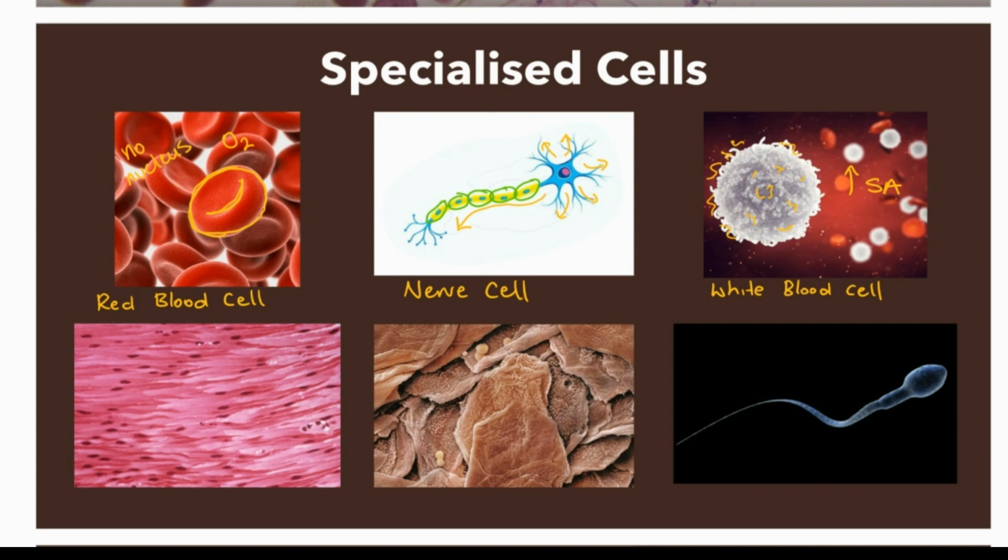Now, our next one down here is a muscle cell. Well, it's not just one muscle cell, it's actually multiple muscle cells. They have this really elongated structure, and muscle cells actually do look different depending on what type of muscle it is, like smooth muscle or any of the other ones, which we will go into more detail later on. Muscle cells have an increase in mitochondria.